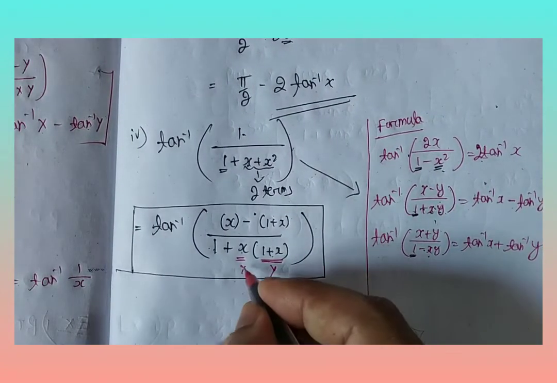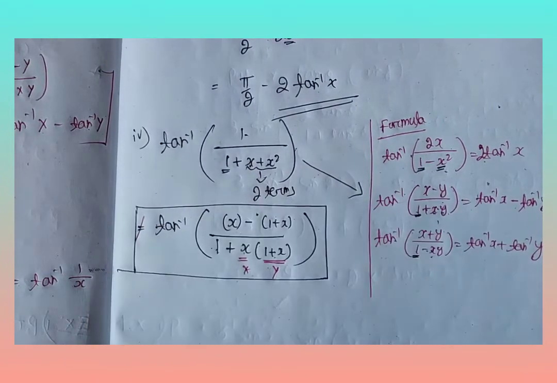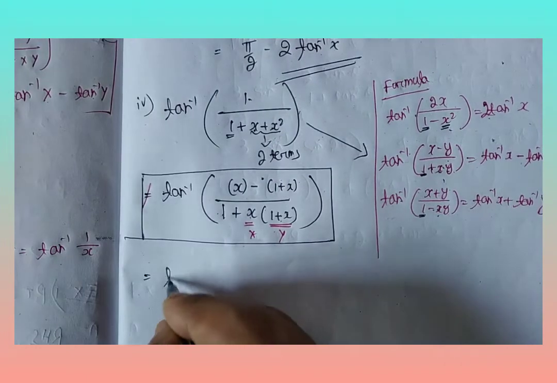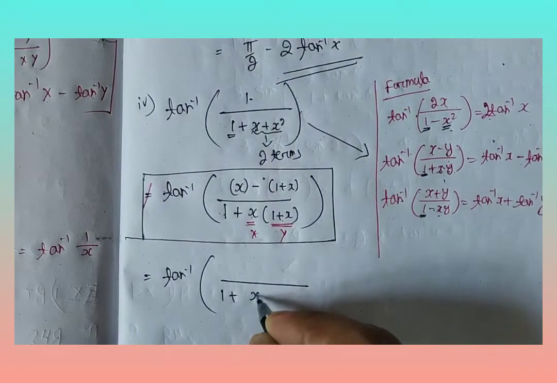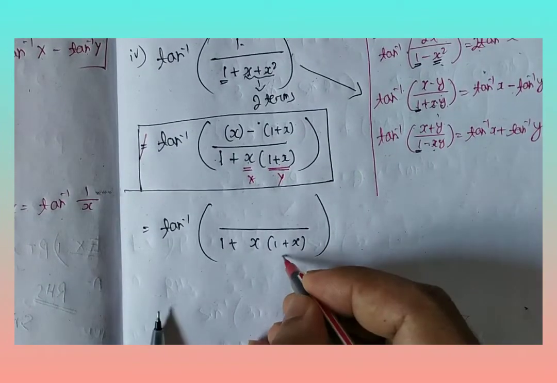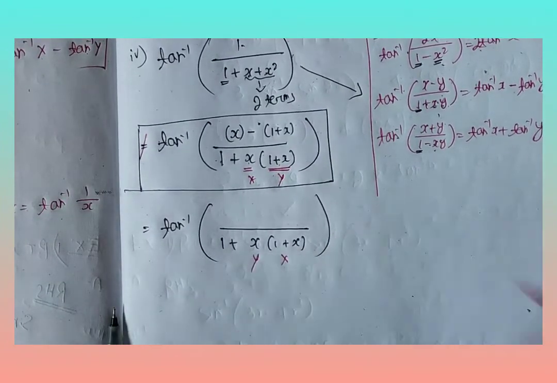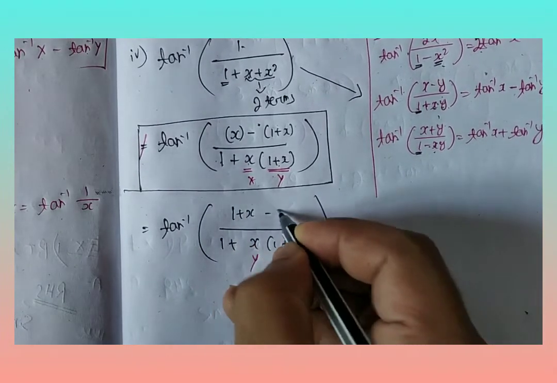That means we have to change our x and y. We can write the same term like 1 plus x into 1 plus x. But now we have to check this is our x term, this is our y term. Then we can write 1 plus x minus x.